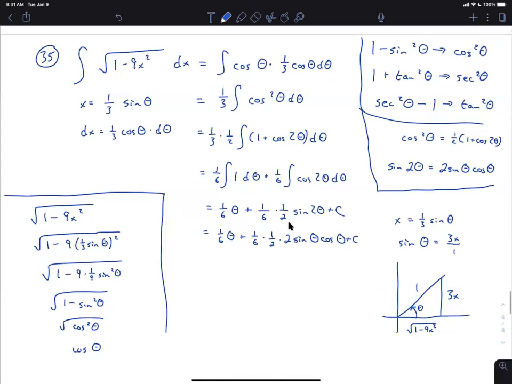And so now, okay, the 1/2 and the 2 cancel. So now, theta not in a trig function, we use inverse trig. So we use the inverse trig function from this equation.